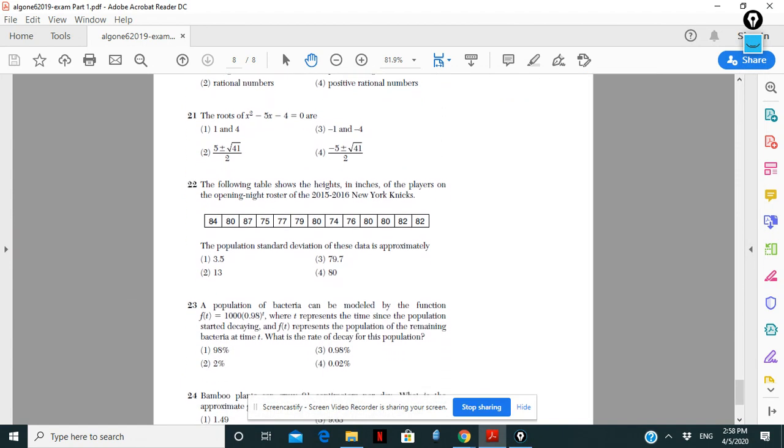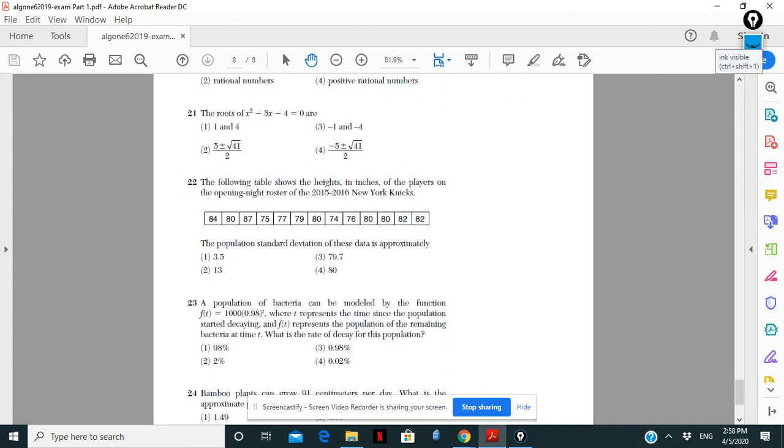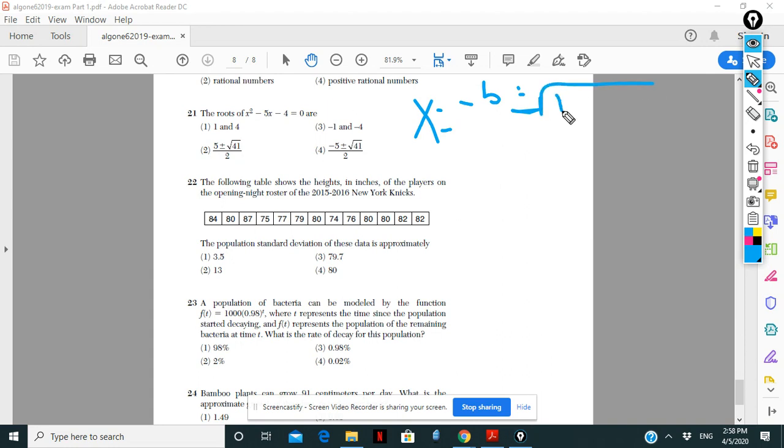Question number 21. The roots of x squared minus 5x minus 4. In that case, I'm going to use the quadratic formula, negative b plus or minus the square root of b squared minus 4ac, divided by 2a.